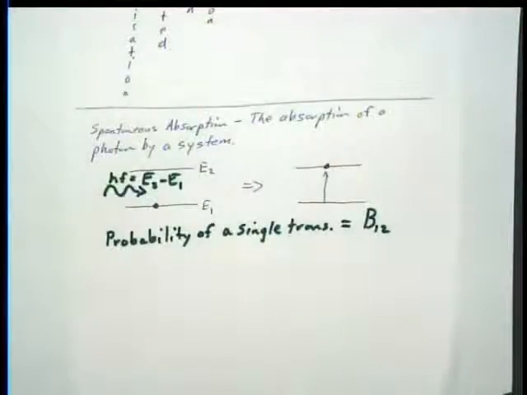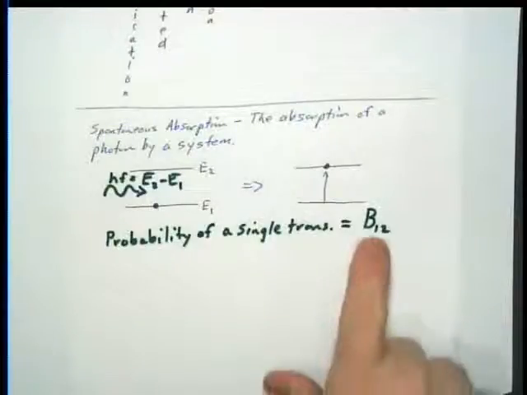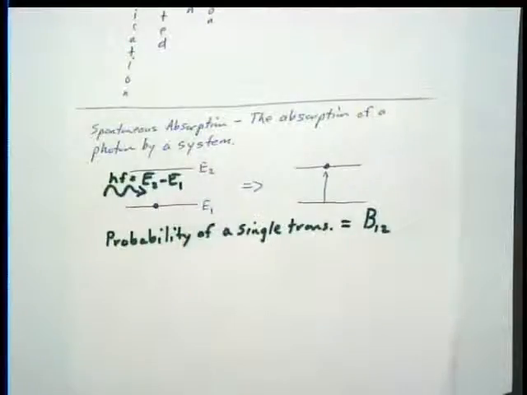I don't know what that number is for the moment, maybe it's 20%. B12, like the vitamin? Yeah, but the reason I chose it was that I used from 1 to 2. And when it goes the other way, from 2 to 1, that's the book's choice. It turns out they're going to be equal to the same value, so they're eventually just going to be called the B coefficients.